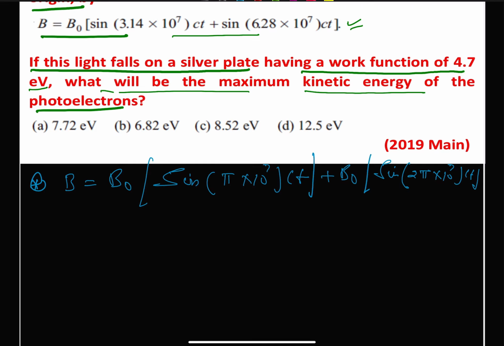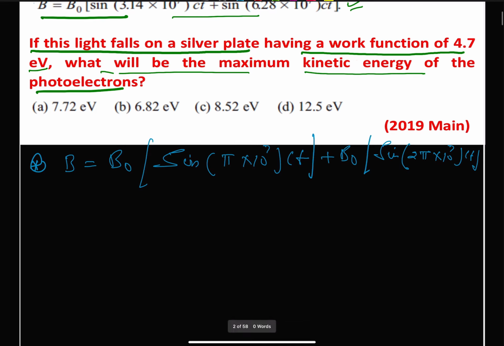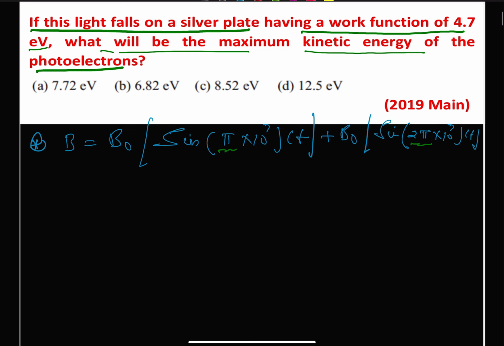So in this particular equation we are going to have two values of frequency. One value of frequency will be pi and the other value will be 2 pi. Or we can also say that this electromagnetic wave is having two different frequencies.